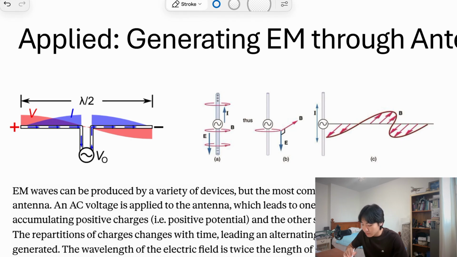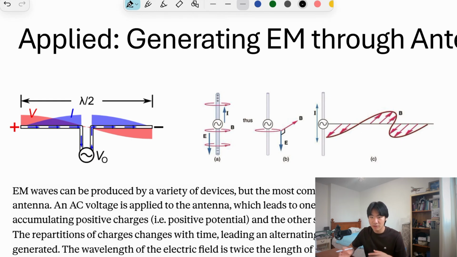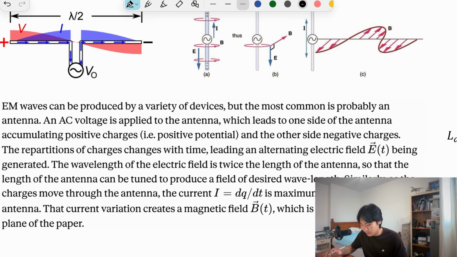Then we can define what the wavelength should be by changing the frequency of this alternating source. If we want a higher frequency electromagnetic wave, we just apply a higher frequency on the alternating current, right? So let's read this together.